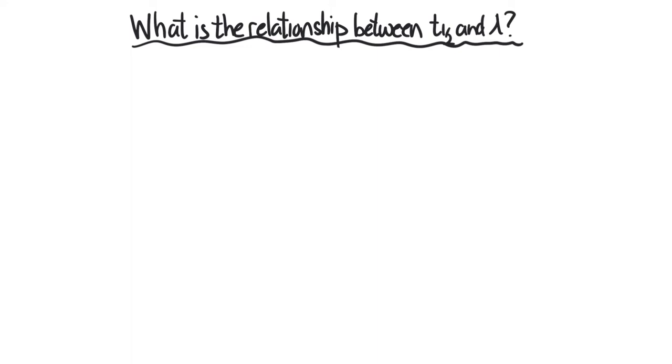So this would be a negative relationship. As the one increases, the other one decreases. So let's just state that again. That's a qualitative relationship. We are going to look at a quantitative relationship.